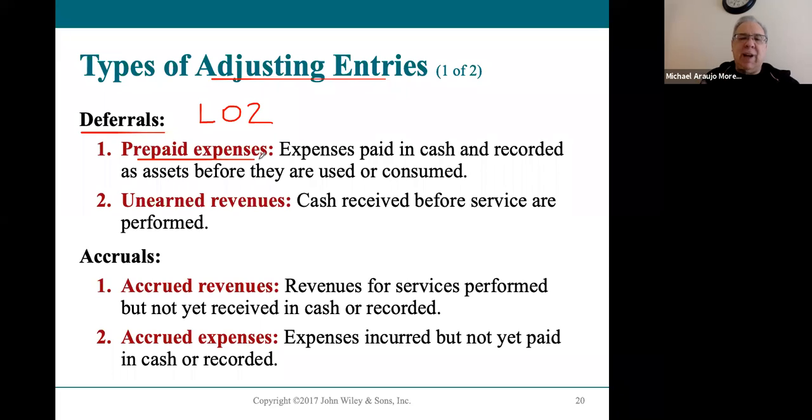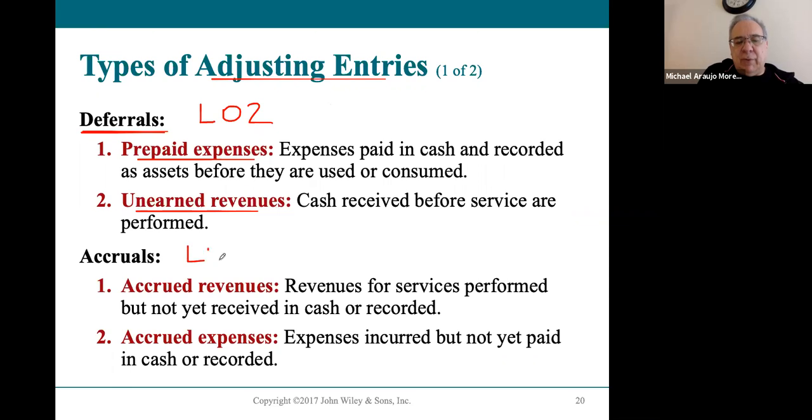After we use those supplies, that becomes supplies expense. It also teaches us about unearned revenue, which is a liability. But once we do what the customer paid us to do, it's our revenue. It switches categories. So deferrals basically are the objective. Learning Objective 2 talks all about deferrals.